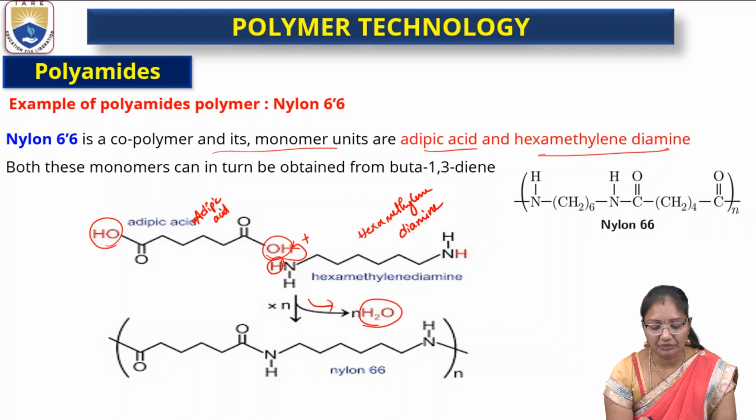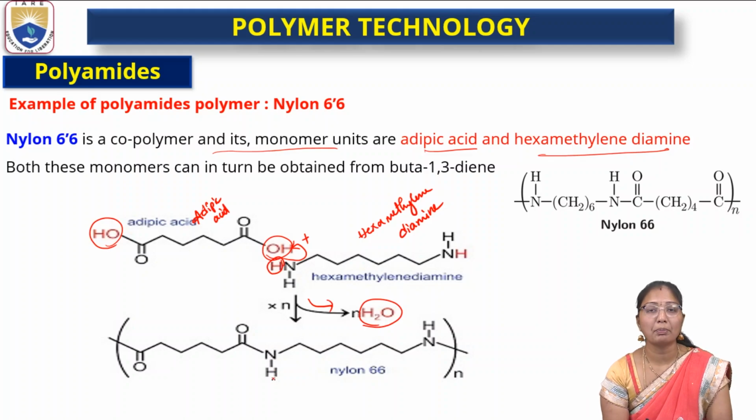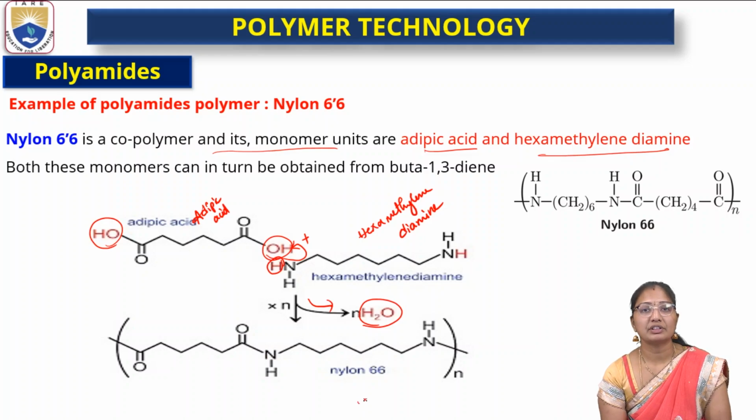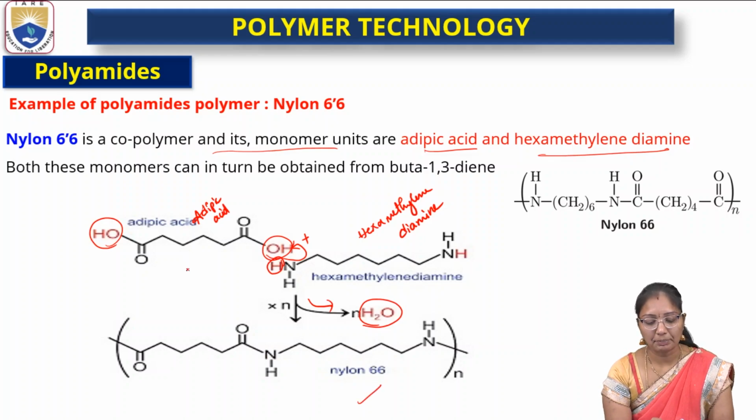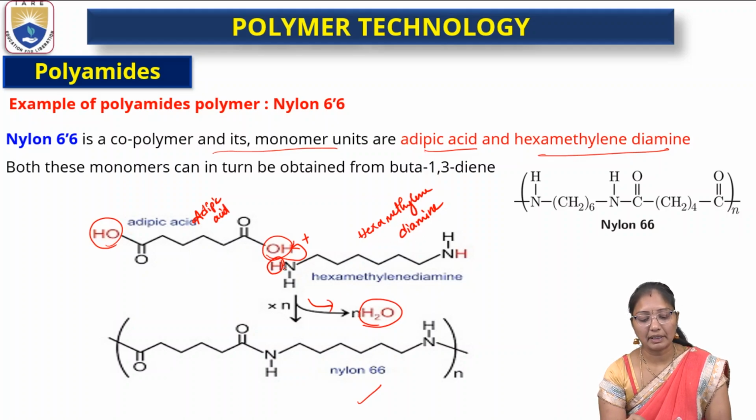After the elimination, amide bonds are formed, giving the nylon 66 unit. So the hydroxyl group of adipic acid and the hydrogen of hexamethylene diamine react.